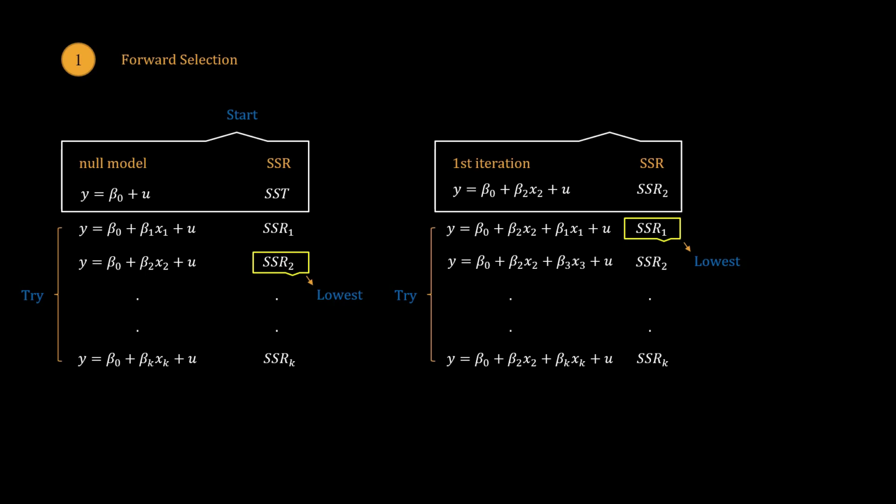We can choose some other criteria for inclusion, such as maximum increase in adjusted R-square. We can keep doing this until we reach a stopping criterion, such as the number of predictors, or desired adjusted R-square.